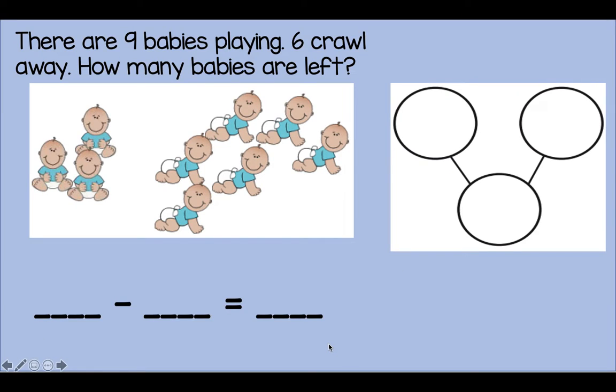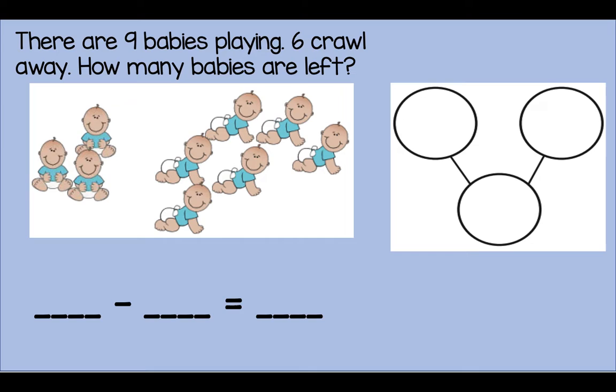All right, your turn. There are 9 babies playing, and 6 crawl away. How many babies are left? So remember, for this, I've got pictures of babies, but you're going to draw those math circles. There are 9 babies playing and 6 crawl away. How many babies are left?